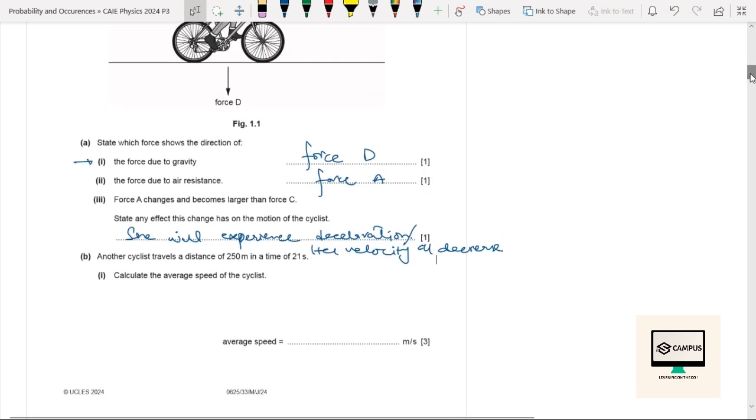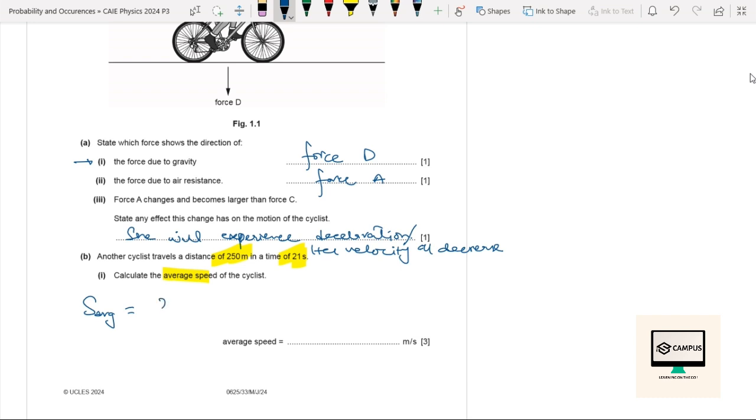Moving on, another cyclist travels a distance of 250 meters in a time of 21 seconds, and we have to calculate the average speed of the cyclist. It is again an easy one. We know that the average speed is equal to the total distance covered in the total time.